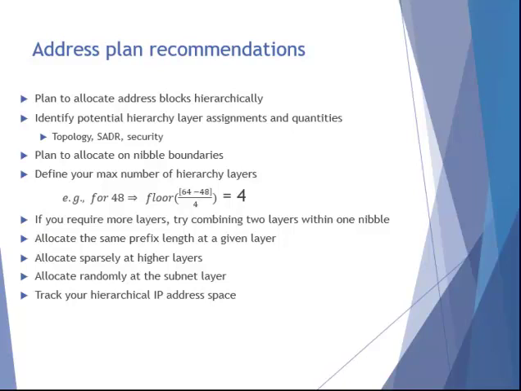Now, allocate at the same prefix at a given layer. This is really a simplification concept. Many of us who've been around with IPv4 for decades have gone through the process of squeezing out every last IP address we could in order to maximize the efficiency of our IPv4 address utilization. We did that using a so-called best fit approach.